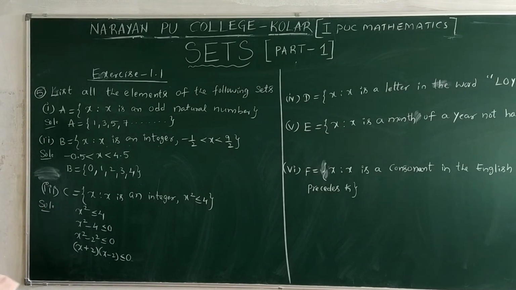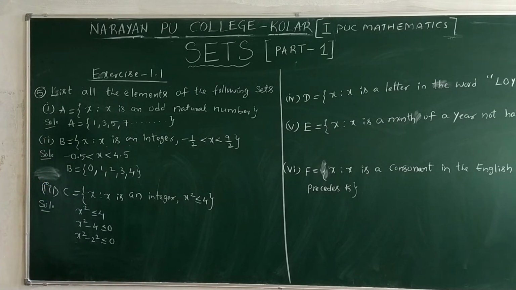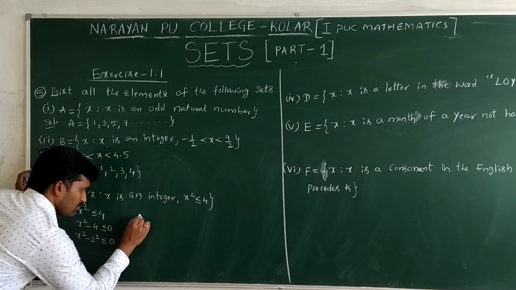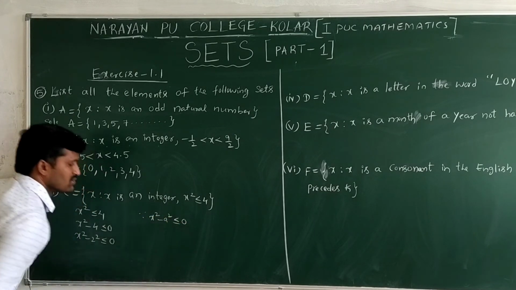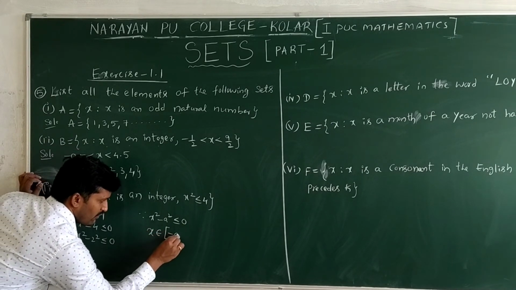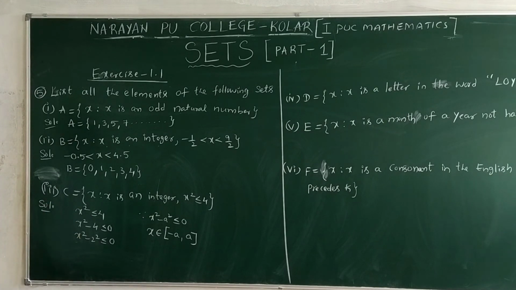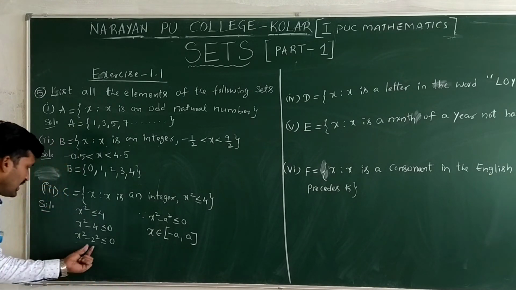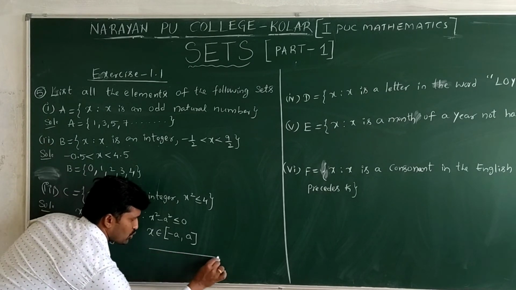A simple meaning here: the expression is like this, x square minus a square less than or equal to 0. Then x is lying between minus a to plus a, generally. So as for that, here in the place of a, what is there? 2. So in between minus 2 to plus 2.